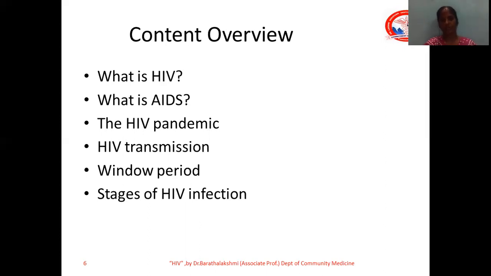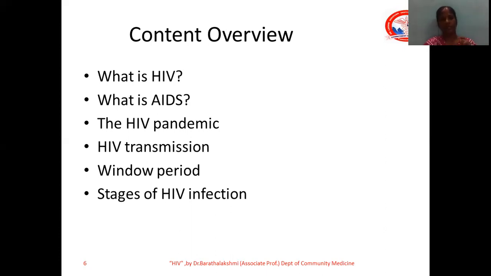Even IV drug use. When a person already infected with HIV shares a needle with another person for sharing the drug, he also shares the HIV which is present in his body. So that is the percutaneous route of transmission.